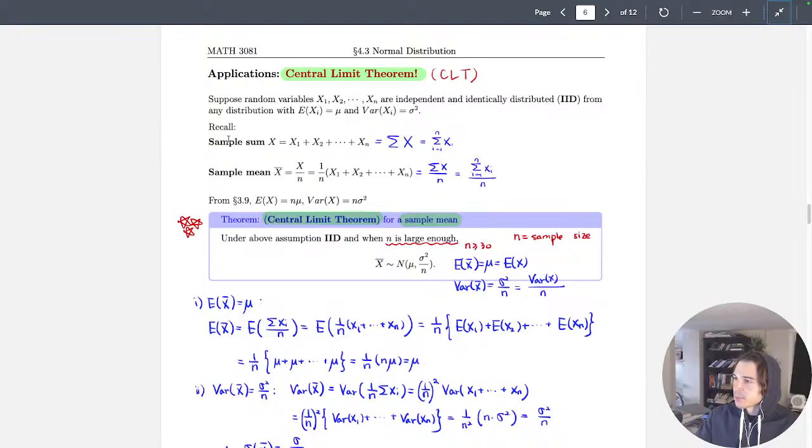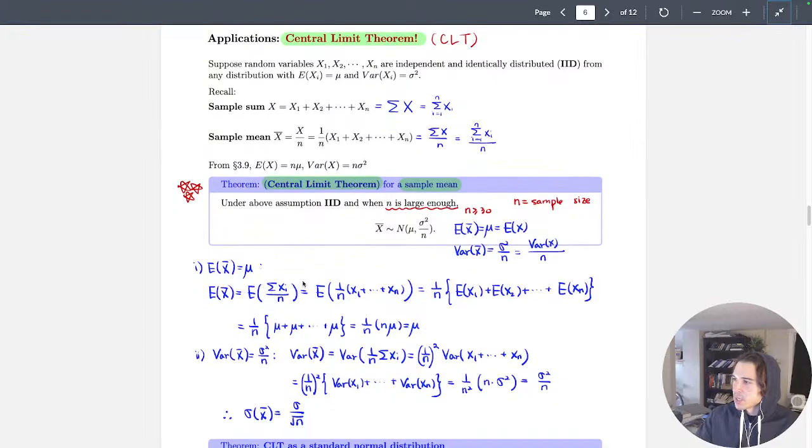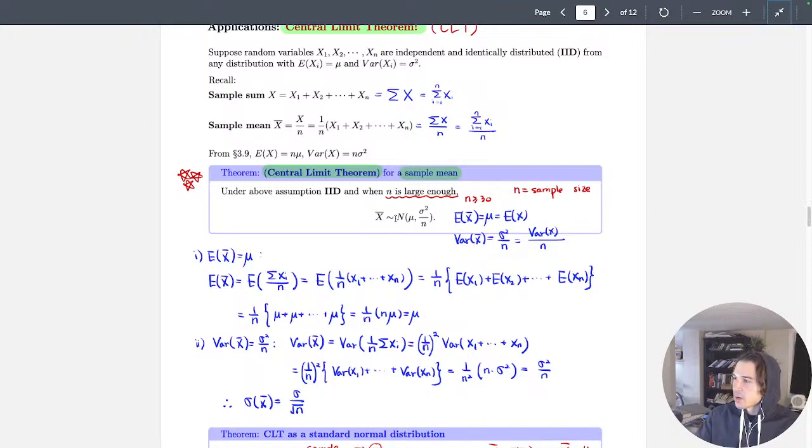Central limit theorem, again, remember sample sum and sample mean. Pretty much all this is saying is if your number of samples is greater than or equal to 30, just assume it's normal. And x bar comes from a normal distribution, mu, sigma squared over n, so that's the variance over n.